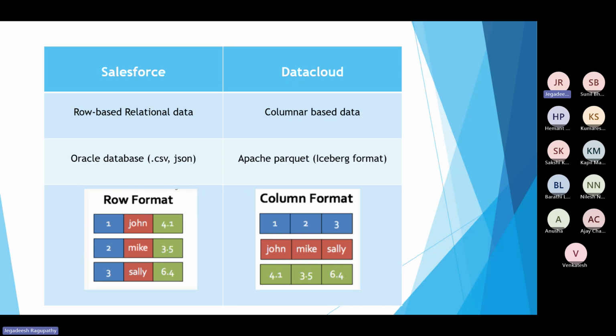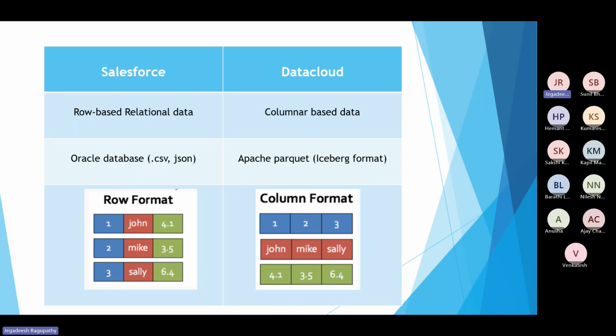Okay, and the file formats supported are CSV and JSON. We can upload the CSV file, right? But when you ingest data into Data Cloud, it is stored in Apache Parquet format, right? It is a columnar format, so it supports faster retrieval of data and uses less storage.